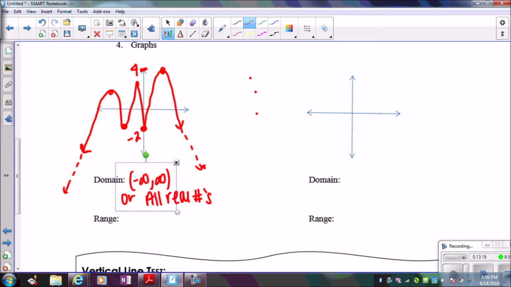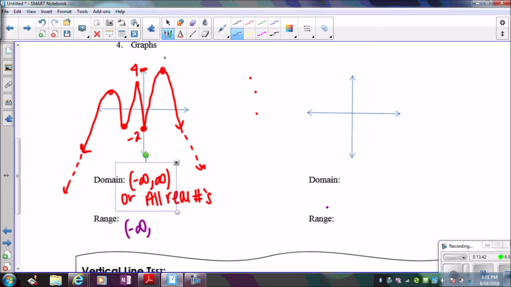For the range, you want to look from bottom to top. So it's the y values, what y values are being included. Well, it's never going to stop getting negative because the arrows here are both going down. So that means you're going to have all these negative y values. So it's going to start at negative infinity, and it's going to go all the way up to positive 4.